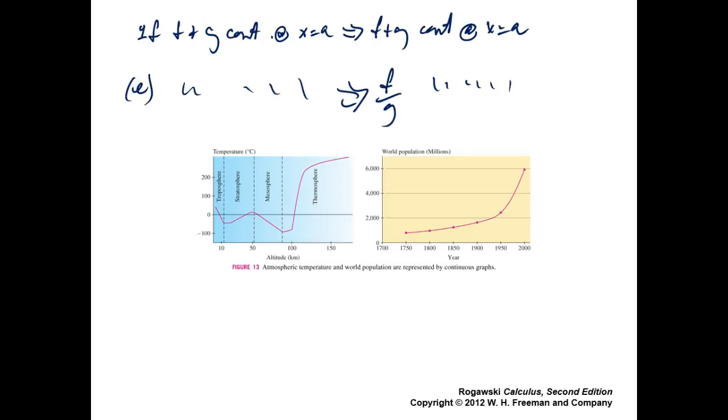Do 55. Then do either 57 or 59 or both. That's up to you. And then do 61. Either 63 or 65 or both. And then any of the odds 67 to 79.